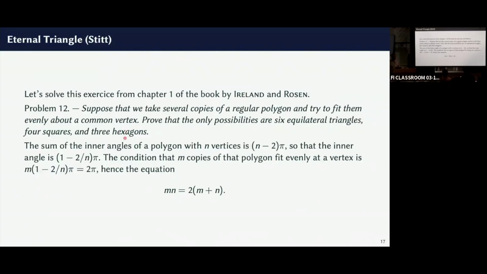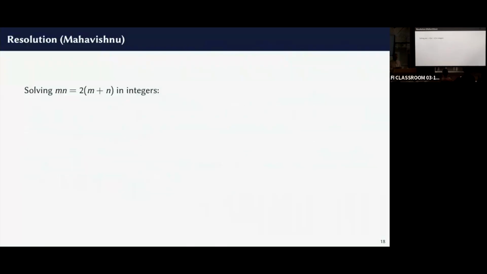The condition that m copies fit is that m times this is 2 pi. So at the end, I get the equation mn equals 2 times (m plus n). And this is number theory. We need to solve mn equals 2(m plus n) in integers.